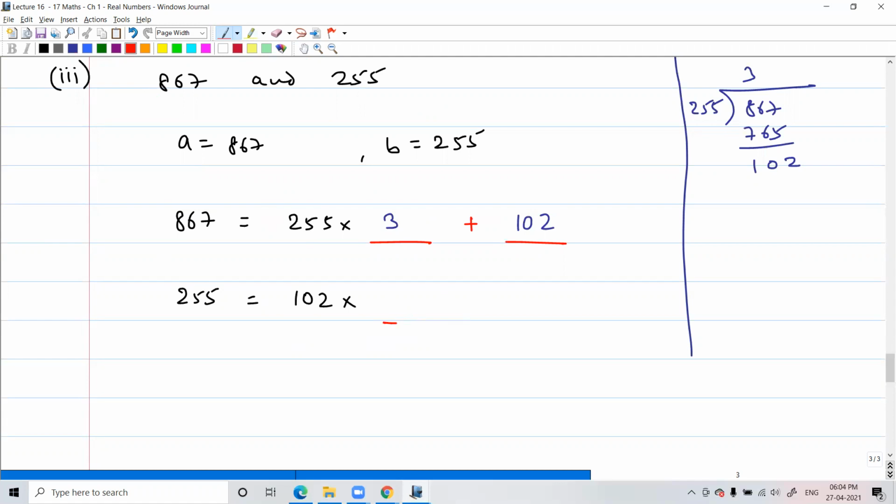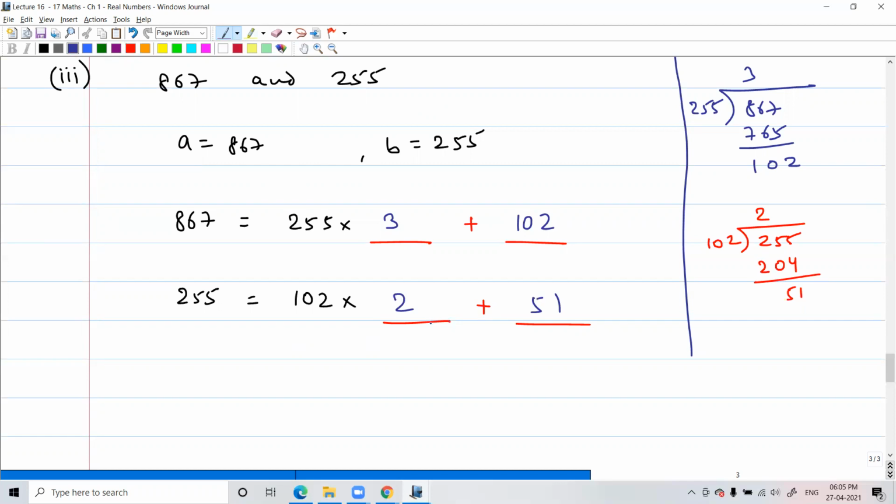Someone else who has done it, tell me what will be the quotient and remainder here now. So 102, we are dividing 255. How many times? 2, sir. Is that right? 2 times, and the remainder is 51.